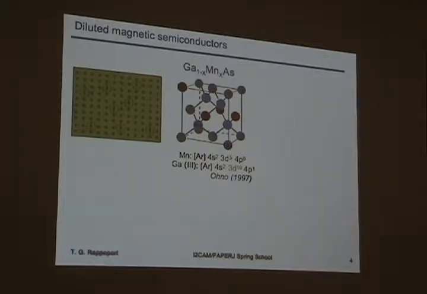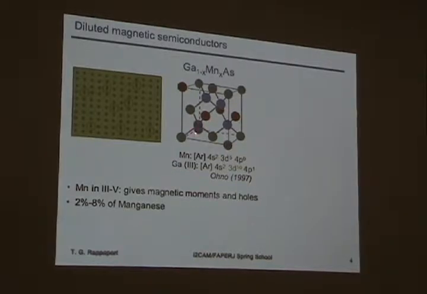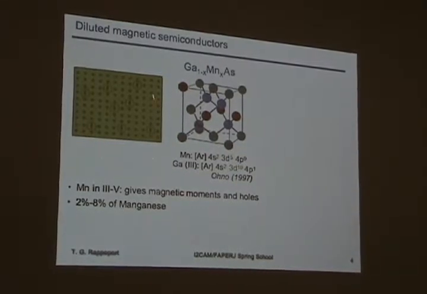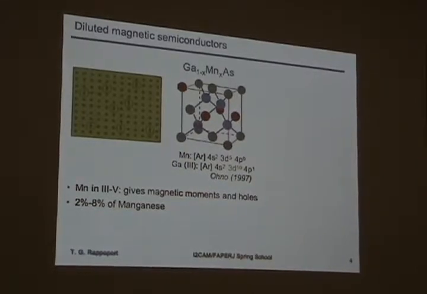But when we see the structure of the system, we see that when the manganese is incorporated and substituting gallium in gallium manganese arsenide, it gives not only magnetic moment to the system, but also holes. So it brings not only the spins, but also the carriers. And with only 2 to 8% of manganese the system is ferromagnetic.